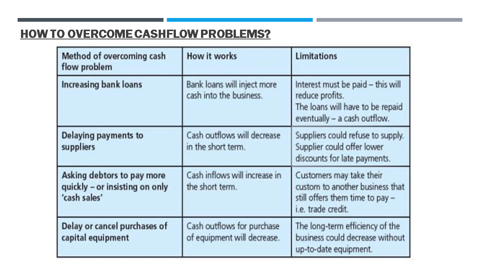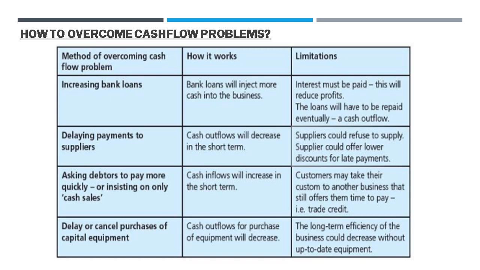And delay or cancel purchases of capital equipment. Capital equipment is, for example, machinery. So you can delay the purchase of the capital equipment for some time so that you don't have to spend a lot of money on it.